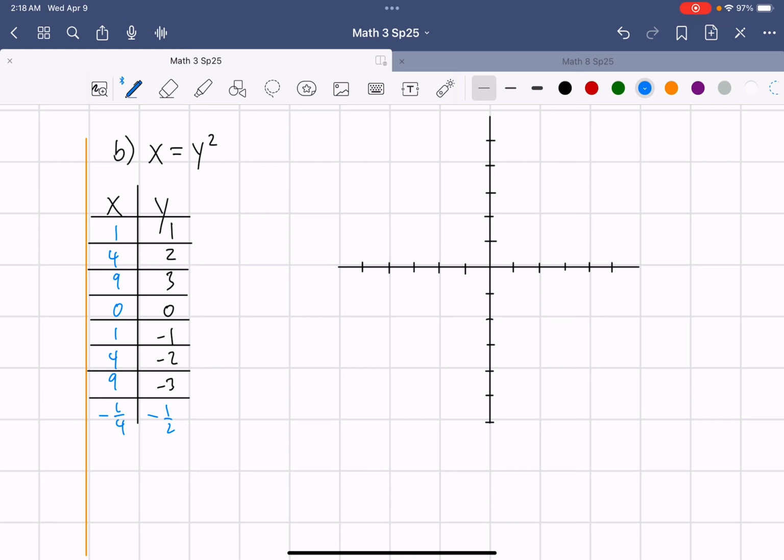Now, I can take these points and plot them. So I have a point at 0, 0. I have a point at 4 and 2, so 4 and then go up 2. I have 1 at 4 and negative 2.